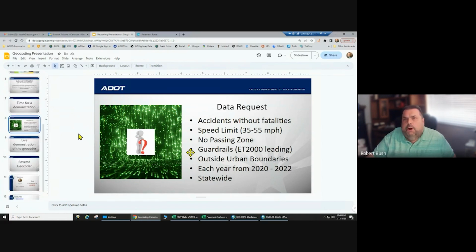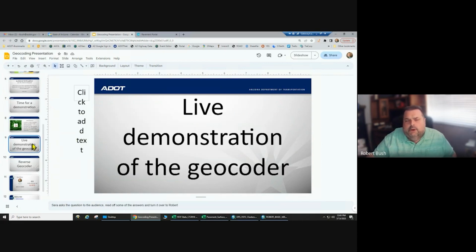Now, for the next part, I actually went out of order a little bit. I was going to do the live demonstration now, which I already did with the license plate reader, but I'd like to take a minute and ask anybody in the audience, if you have a spreadsheet, I only want about 200 or 300 records at most, but I would be happy to do a live demonstration of somebody's data.